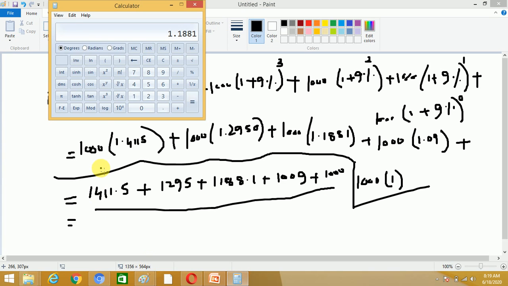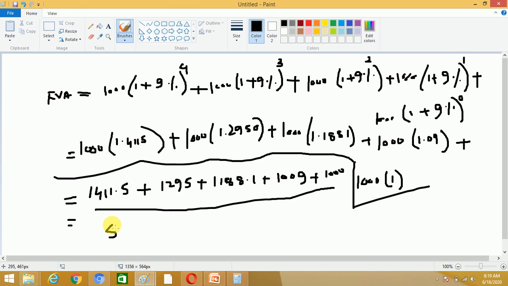1411.5 plus 1295 plus 1188 plus 1090 plus 1000.